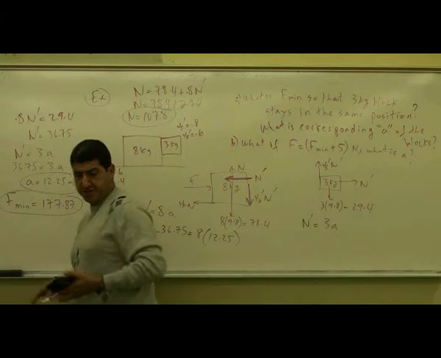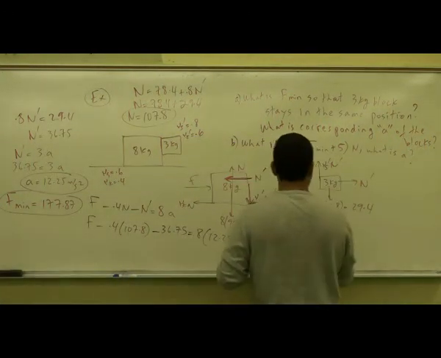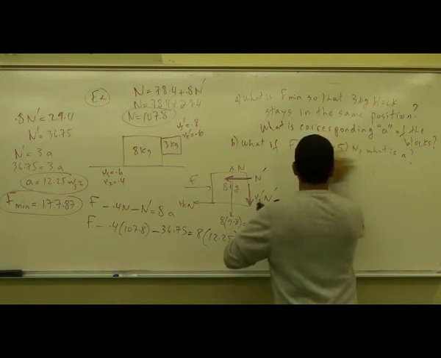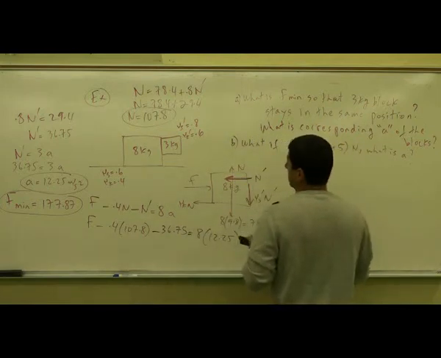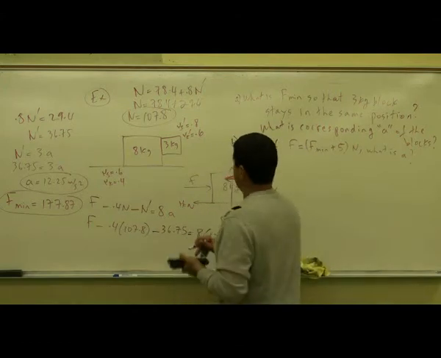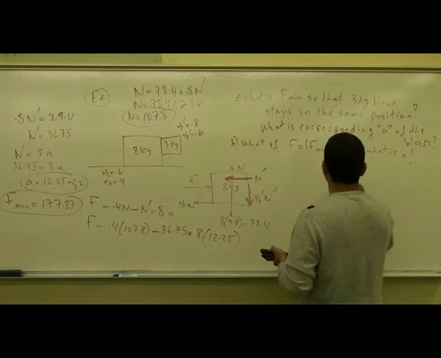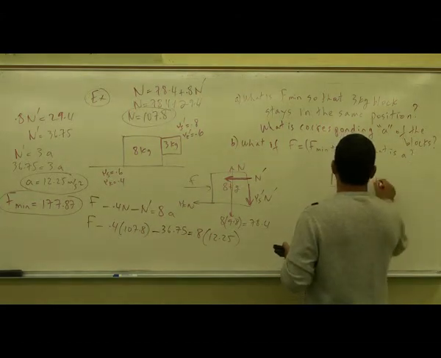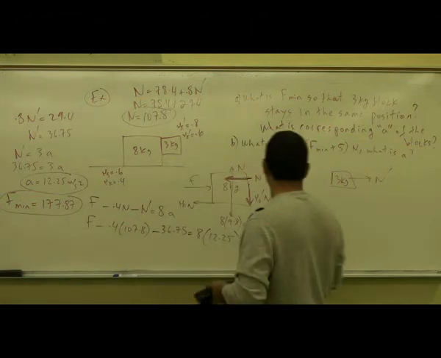Now, what happens if you push with a force 5 newtons more than that? So let's erase this. Now, what are the forces on the 3 kilogram? There's still going to be an N prime, which we don't know what it is now.